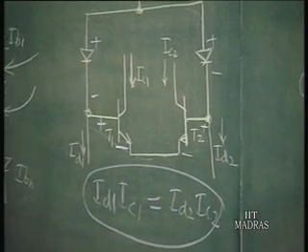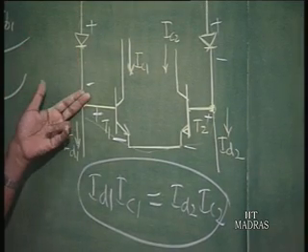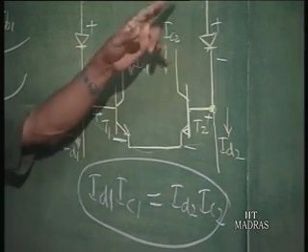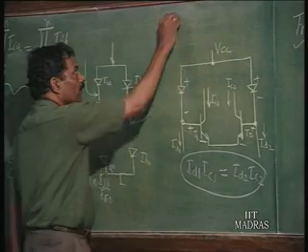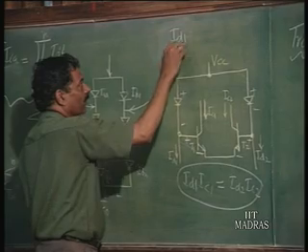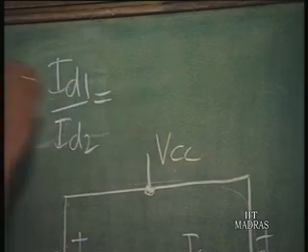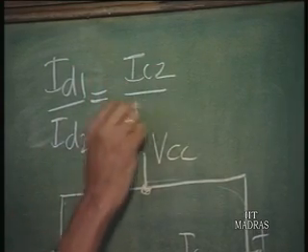This is what the Gilbert cell says. Product of the current of the diode into the corresponding transistor is equal to product of the current of this diode into this transistor, or I D 1 by I D 2 is equal to I C 2 by I C 1.